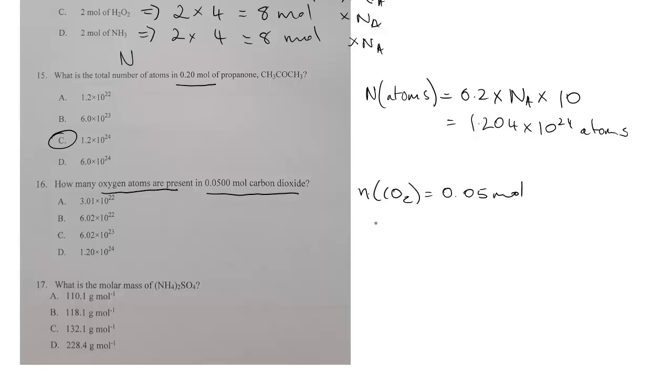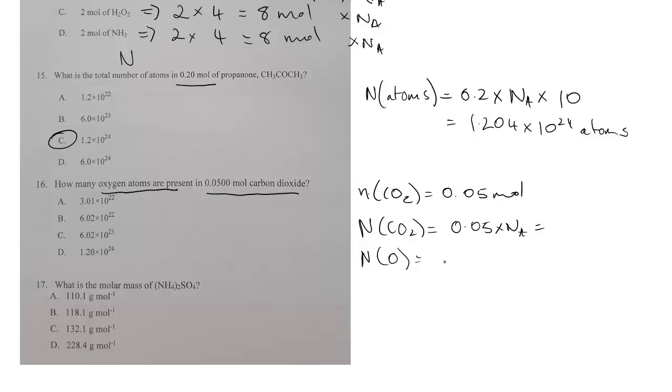We can find the number of carbon dioxide molecules by taking this value and multiplying by Avogadro's constant, and then we can proceed to the number of oxygen atoms.